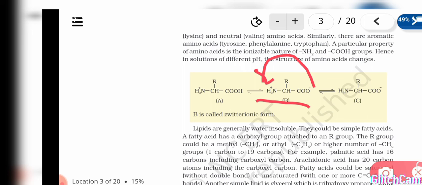So this form is known as the zwitterionic form, a molecule carrying both positive and negative charge. Understood? If we change the solution, the structure of amino acids also will change. You can see this is one and this is another. So the middle one is known as the zwitterionic form.